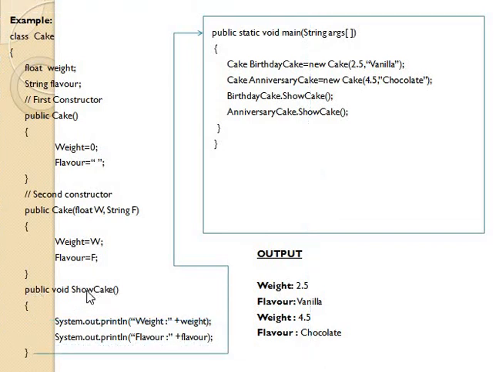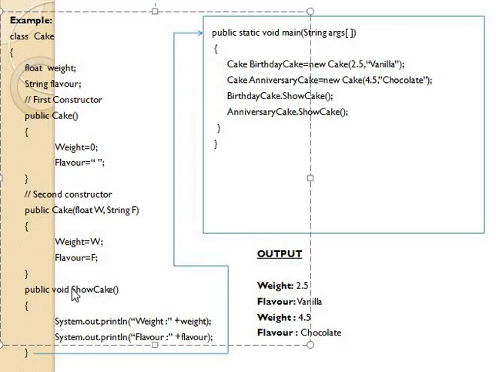But see the third method, that is public void show cake. Here public is the access specifier, so just ignore that, and void is the return type, just ignore that. The name of the method is show cake. This does not resemble the name of the class, which is cake. That is why this particular method is not a constructor.